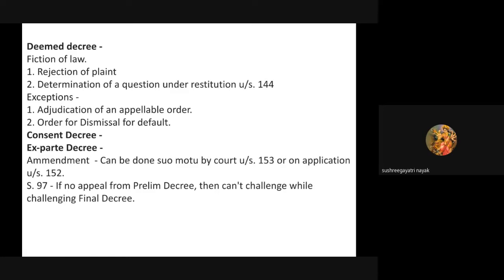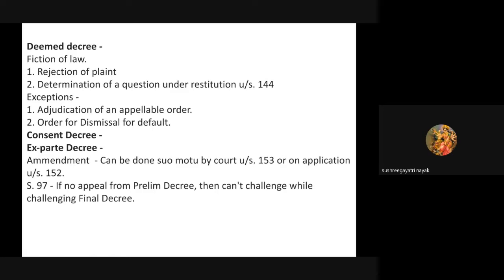We also have to know that a decree can also be amended later, either on application of the party for a clerical error under section 152, or suo motu by the court under section 153 of CPC. Another important thing you have to remember about a decree is that if no appeal is filed by a party against a preliminary decree, then while challenging the final decree, the correctness of the preliminary decree cannot be challenged.